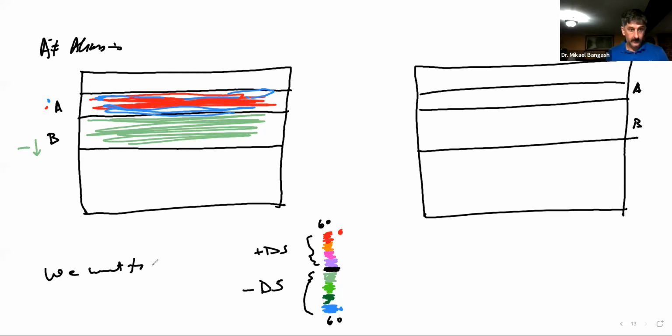Right. Good. Now our aim is to get rid of aliasing. The way that we do this is by increasing the PRF.